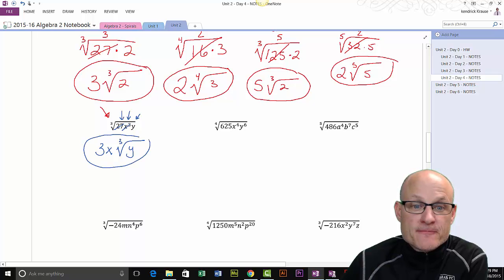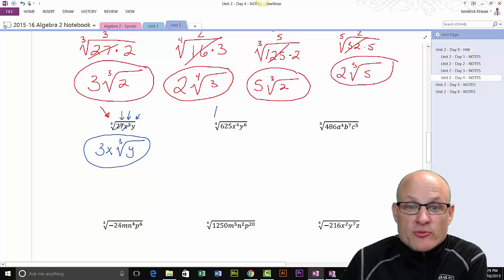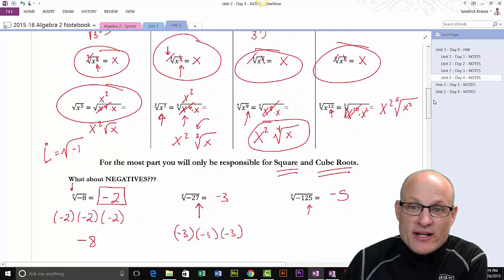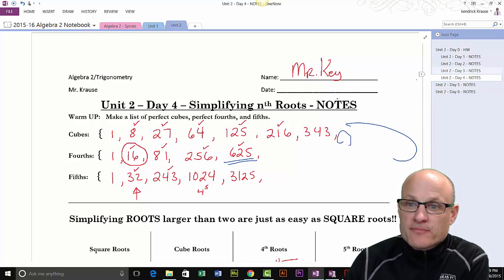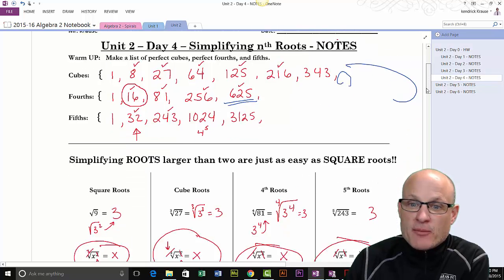That wasn't bad. This one here, I'm going to look for groups of 4. So I'm looking at 625. I know it's got to be 5, but let's go see. Maybe we can take a look at it, and you'll find out that 5 to the 4th is 625.